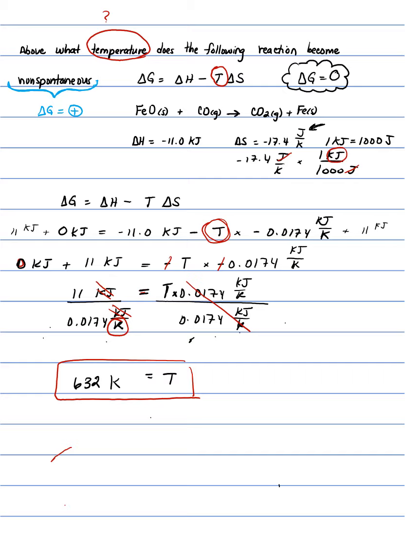So now I'm going to write down two temperatures, and you're going to use those two temperatures to find delta G using the same values that you have for delta H and delta S. So using the previous reaction, the same delta H negative 11 kilojoules, the same delta S, your negative 17.4 joules per Kelvin.